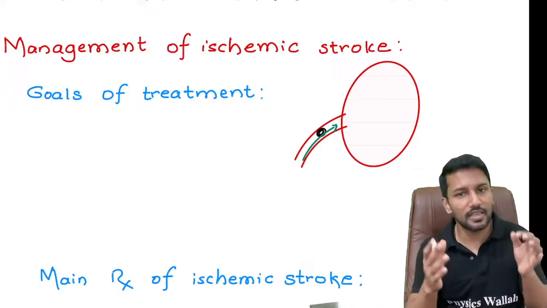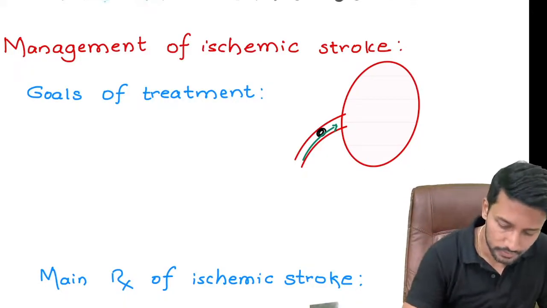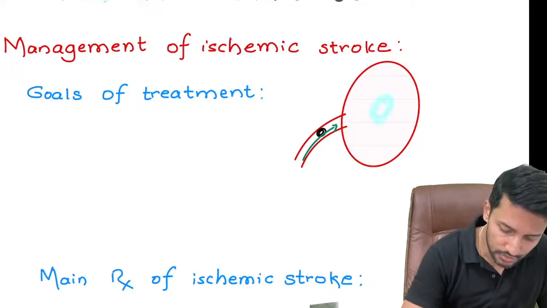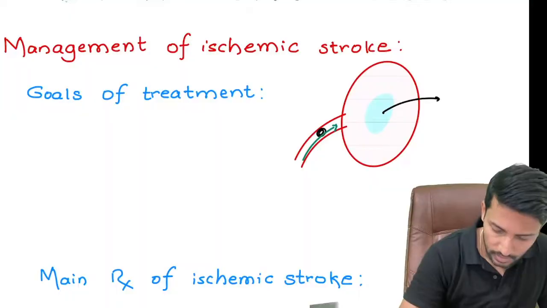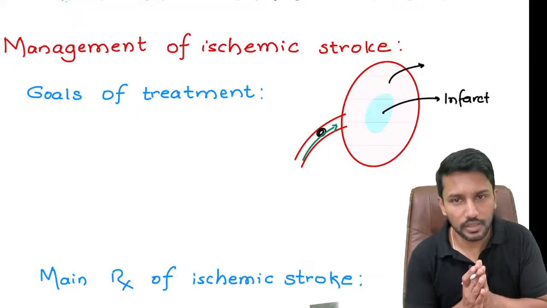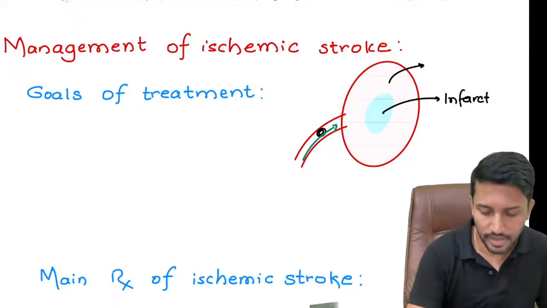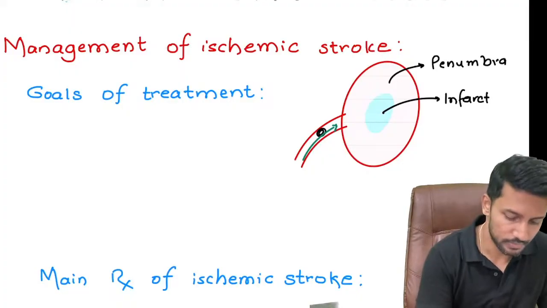The whole of this area is not going to die once and for all, right? So you will have some portion which has become infarcted, and the remaining area has stopped functioning, but it is still alive. That portion we call the penumbra or ischemic penumbra.